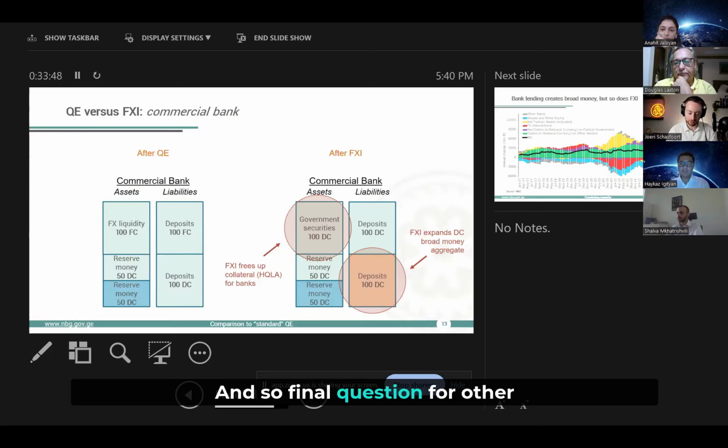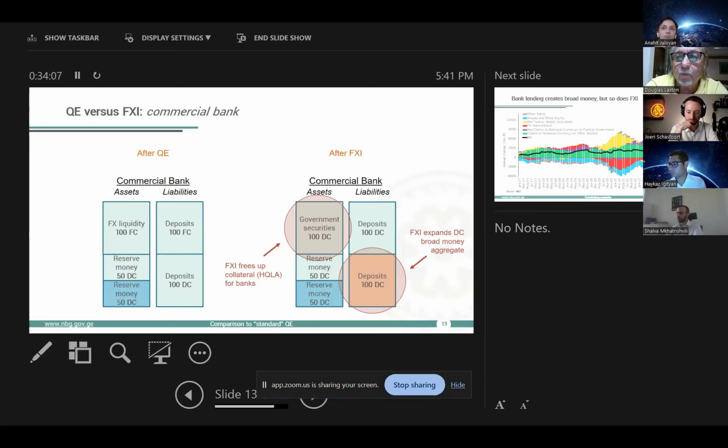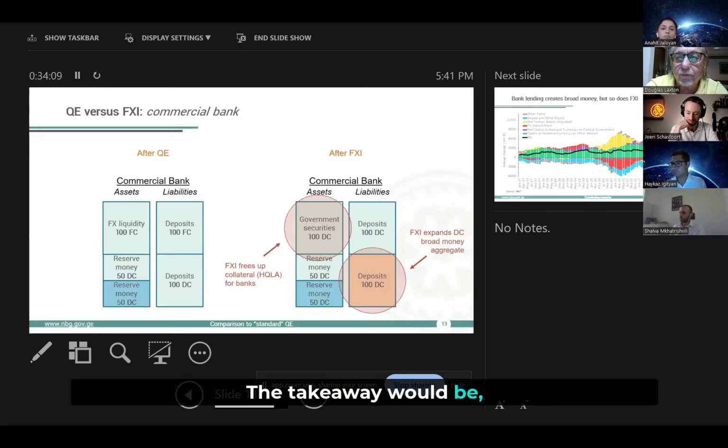And so, a final question for other central bankers watching. What's the takeaway lesson from this? Have they been thinking about FX intervention wrong, or should they do something differently? The takeaway would be that it depends on country circumstances.